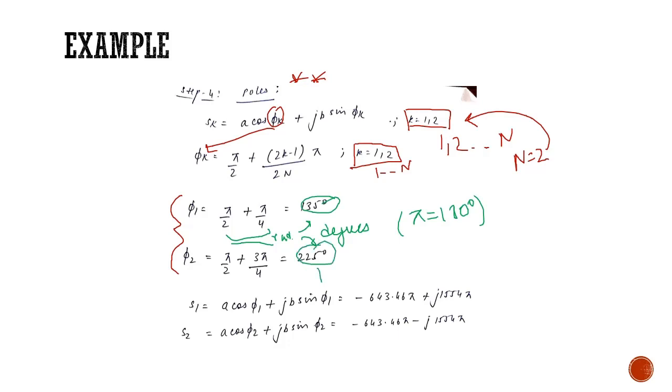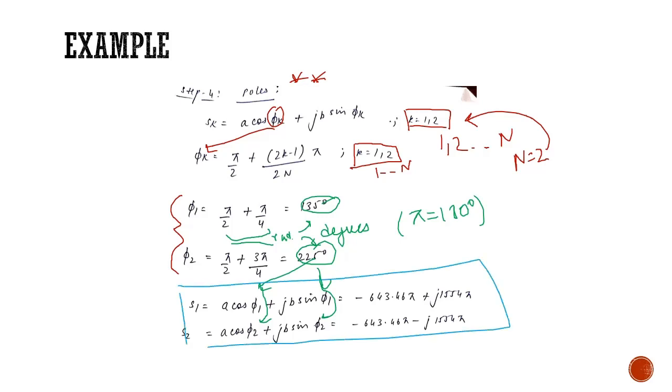We plug these values here. Sorry, this will go here. Pardon me, please. It's pretty late in the night when I'm recording this. And we get S1 and S2 to be minus 643.46 pi plus J1554 pi and minus 643.46 pi minus J1554 pi respectively.